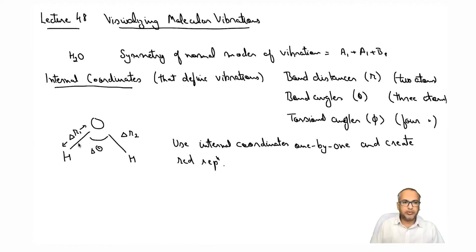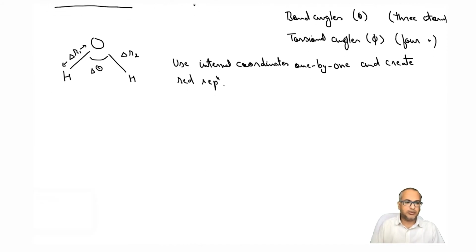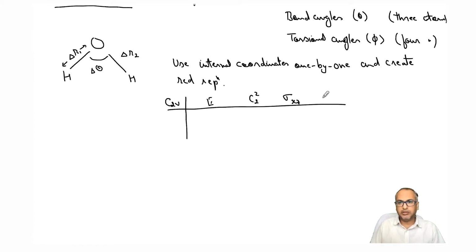So what do we get? We have C2V point group, E, C2Z, sigma XZ, and sigma YZ. Now if I have tau R1, R2, these two bonds are now the basis.